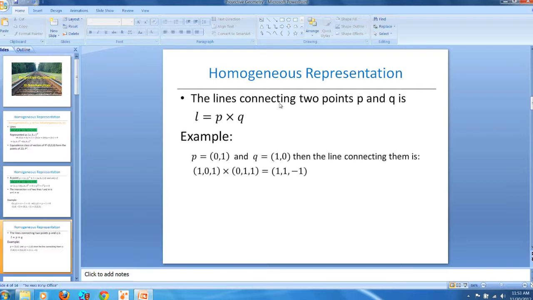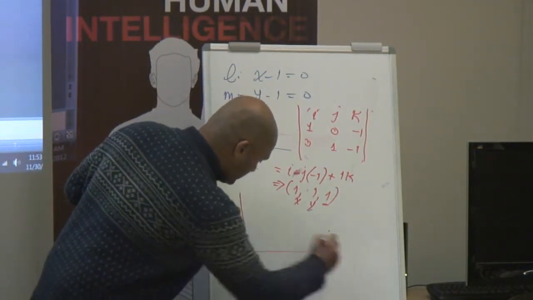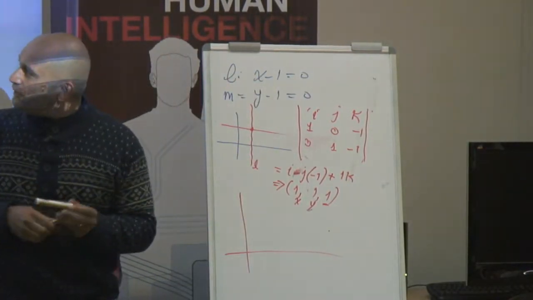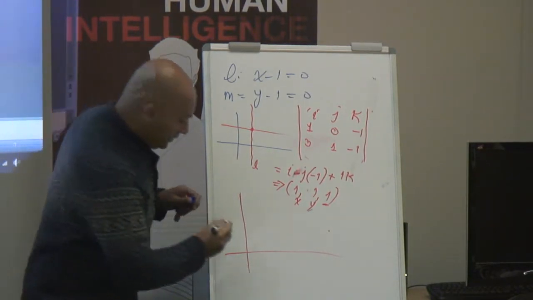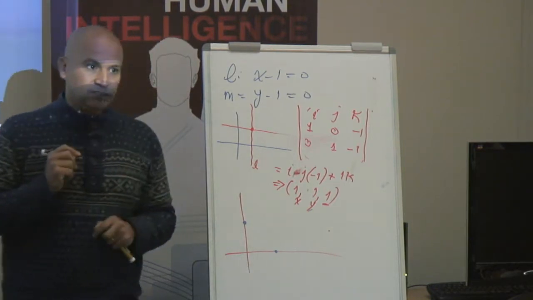Let us assume P is 0, 1 and Q is 1, 0. Points 0, 1 will be this point, and 1, 0 will be this point, yes?